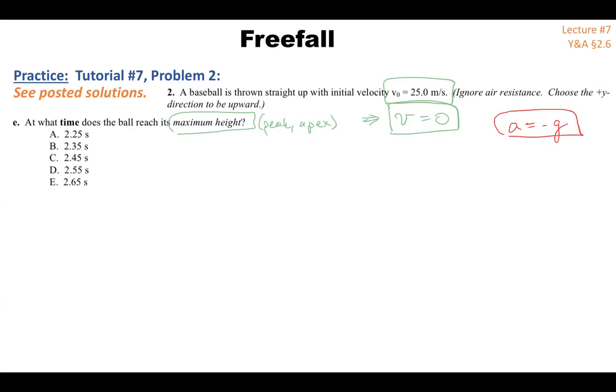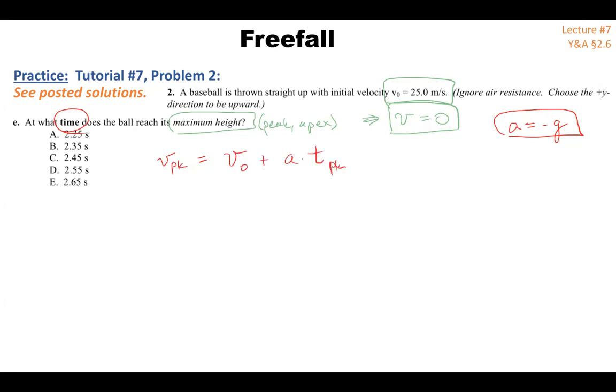So what formula could we use to find time knowing all of those quantities? Well, one of the simplest formulas we could use is equation number 1. The velocity at the peak is equal to the velocity at launch plus a times the time at the peak.